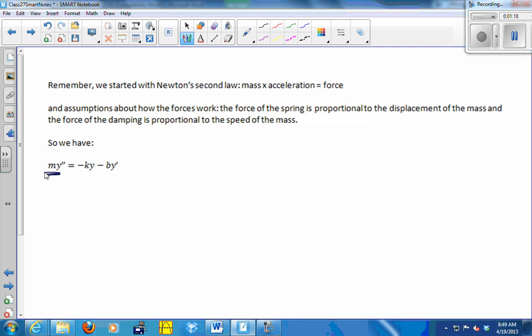And the damping force, we assume, is proportional to the speed of the mass. So the faster the mass is moving, the greater the force of the damping. So we have a constant times y and a constant times y prime, proportional to position for the spring and to velocity for the damping. This is the equation we derived.